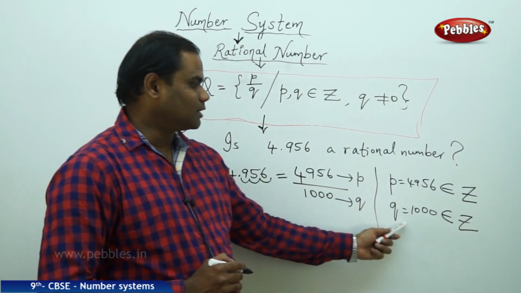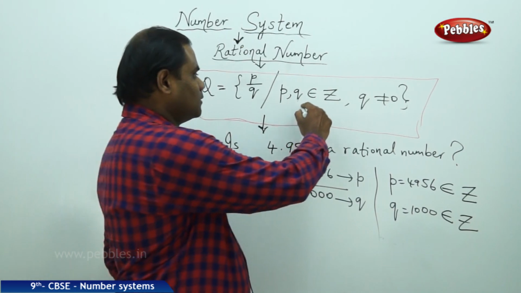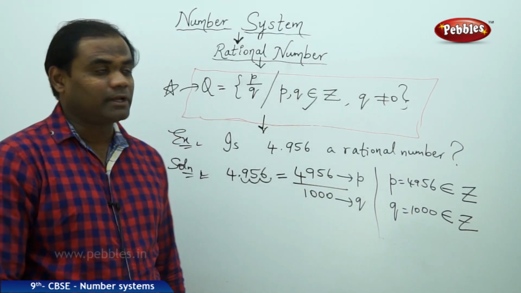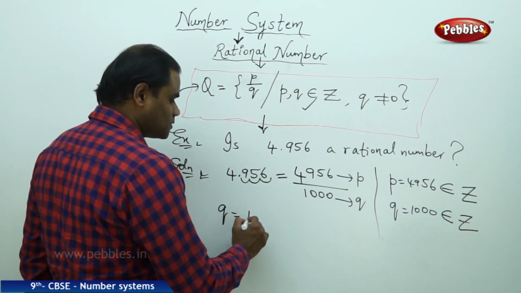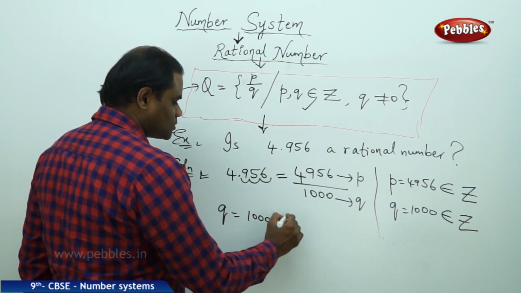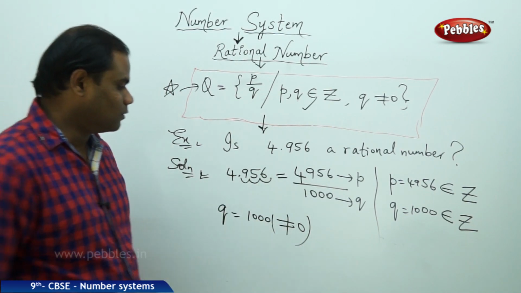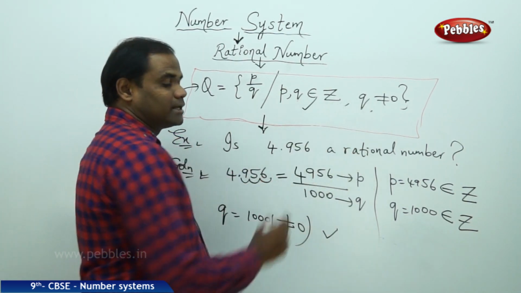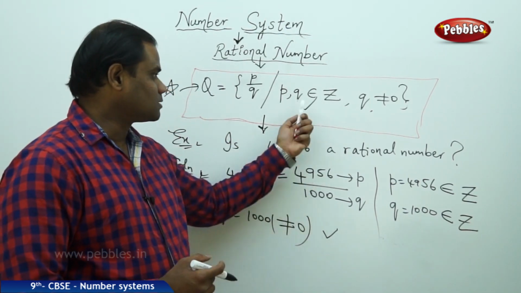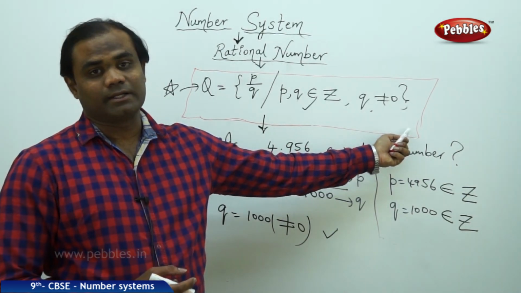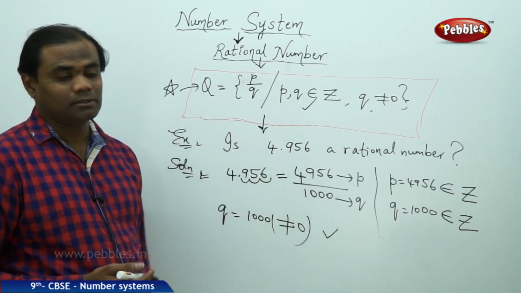So P and Q are integers. Therefore, test number 1 is a pass. Next, coming to test number 2, I have my Q, which is 1000, and which is not equal to 0, because 1000 can never be equal to 0, and therefore this also is a pass for test number 2. Therefore, this number satisfies test 1 and test 2, thus being a rational number.